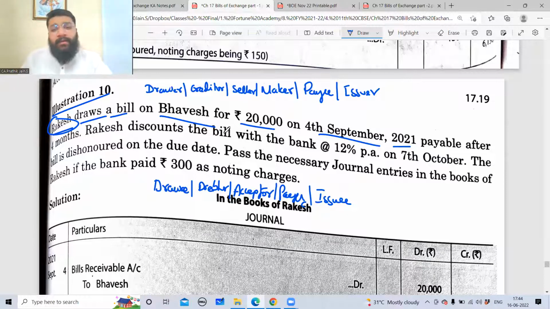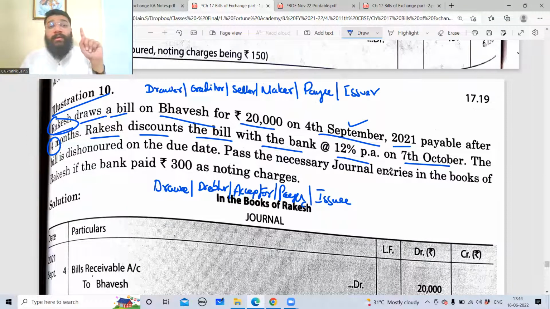So the bill was for 20,000, drawn on 4th September, payable after 4 months. So the term of bill is 4 months. Rakesh discounts the bill with the bank at 12% per annum on 7th October. So the acceptance date is different, the issue date is different, and the discounting date is different.